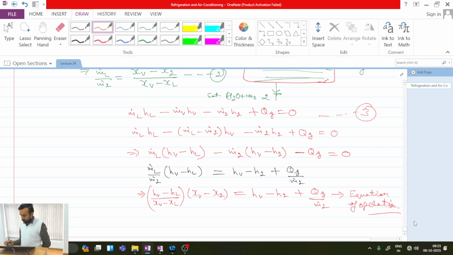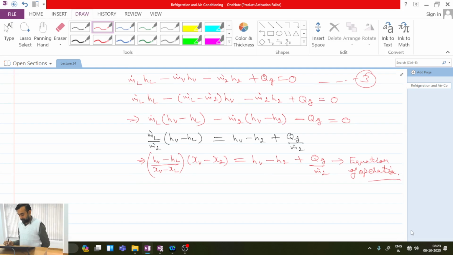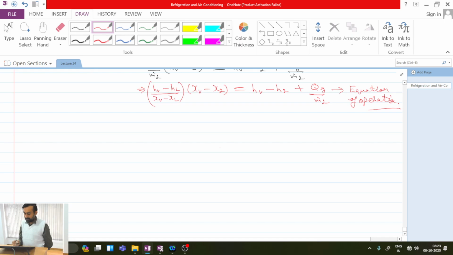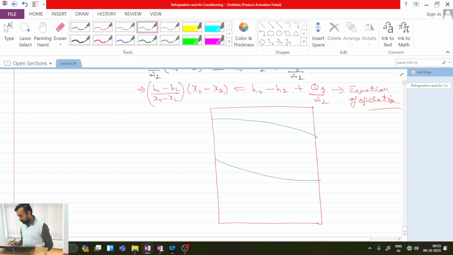So now let me plot these things on the enthalpy composition diagram. What will I get? Say at the condenser pressure, because the generator will be working at condenser pressure only. At the condenser pressure I am having these liquid and vapor states. So again the concept is the same.